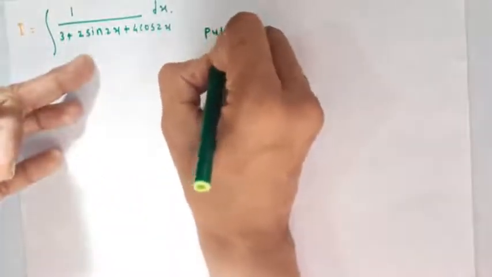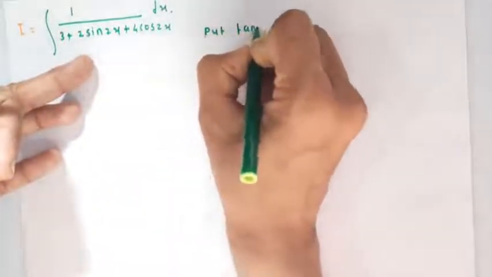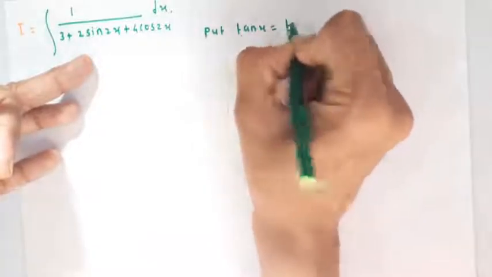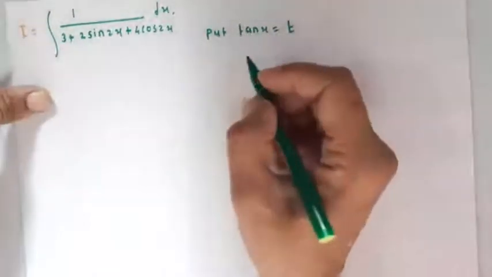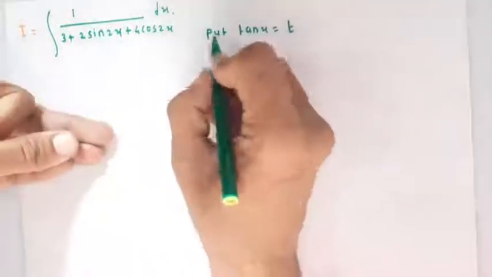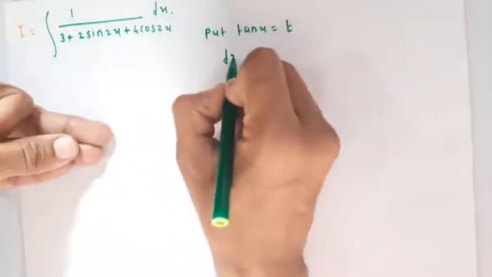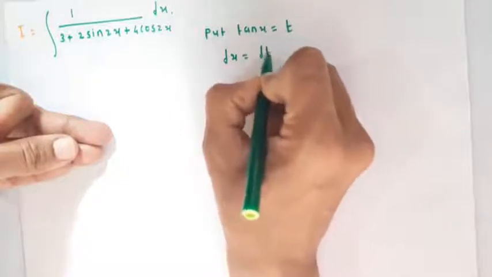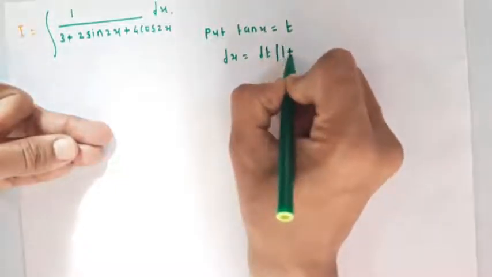Okay students, also for this problem, to solve this type of integral we have to put tan x equal to t. Then after differentiating, we get the value of dx, that is dx equal to dt upon 1 plus t square.